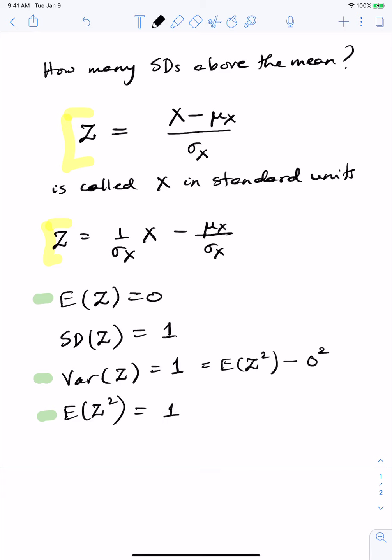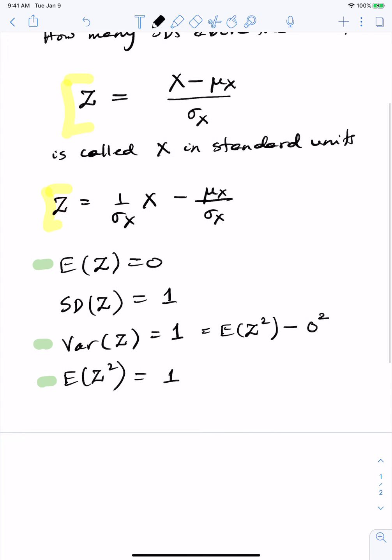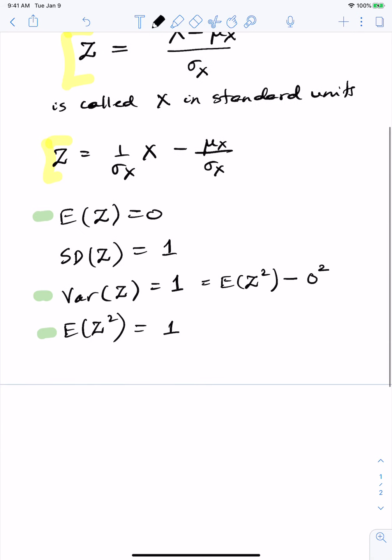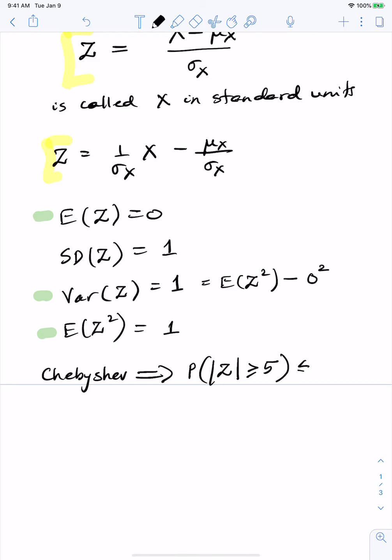So if you have a random variable that has been converted to standard units, then its mean is 0, its SD is 1, its variance is 1, its expected square is 1. This is going to be extremely handy. And by Chebyshev, if you look at how far off Z is from its mean, and now its mean is 0, the chance that that is bigger than or equal to 5 standard deviations, the standard deviation being 1, is at most 1 in 25.